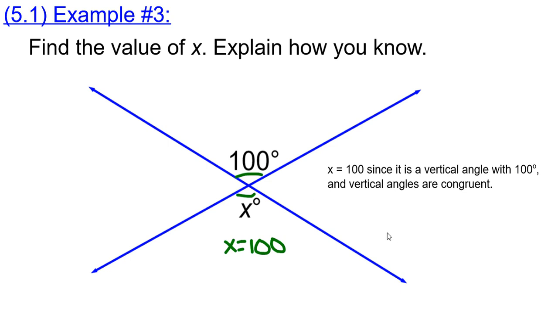So that was a lot easier than the last two. You're going to see a lot of problems like this on your assignment. So let's go on to the next one.